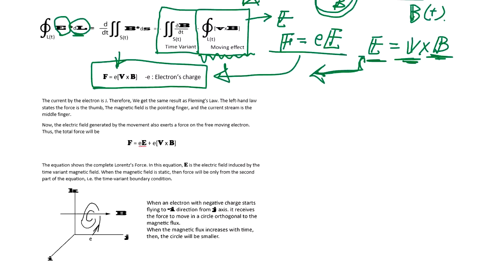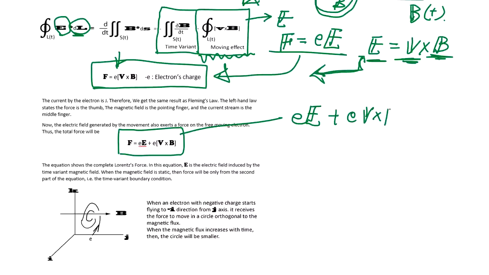So you have two forces. There is the direct force from the existing electric field, plus the electric field generated, which is this part. Together they make the entire Lorentz force.